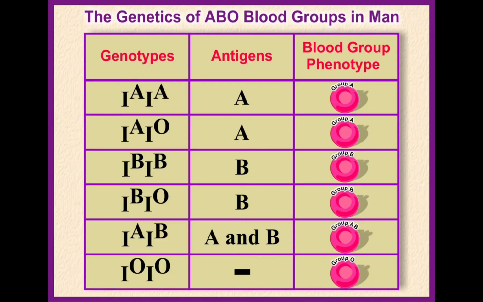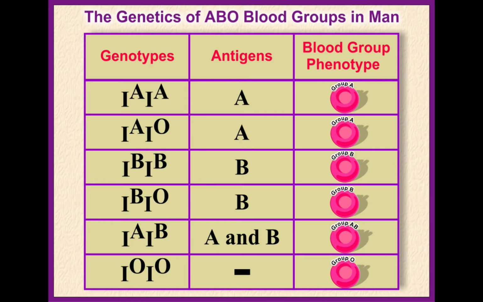As a result, if an individual contains 2 A's or A and O, they will have antigen A on their red blood cells and they will be blood group A. If they have 2 B alleles or BO, they will be blood group B. If they contain one of each, they will be blood group AB and have both antigens present on their red blood cells.